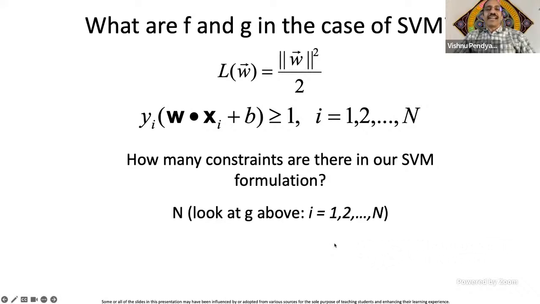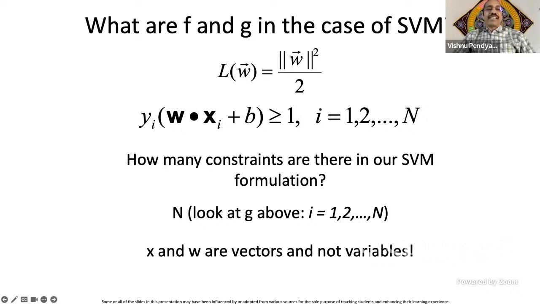There are n, right? If you look at the g above, i is equal to 1 to n. So there are n such constraints. For every i value, there is one such constraint. And we should also remember that x and w are vectors and not variables. But fortunately, the calculus does not change a whole lot at quite a few places. It will change at some places, but not a whole lot.